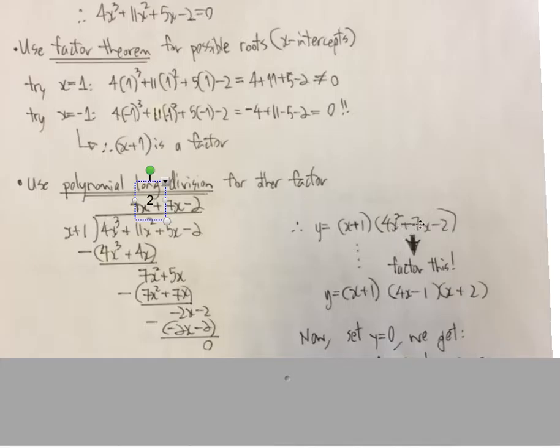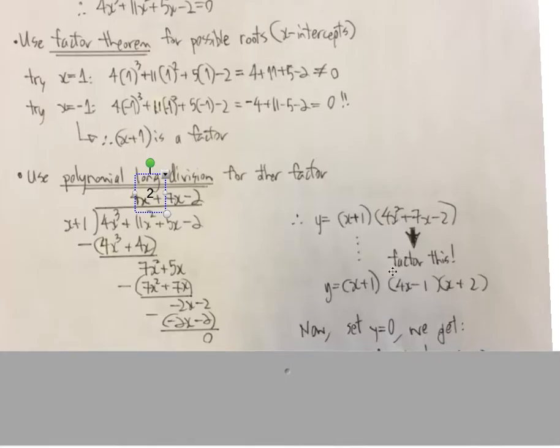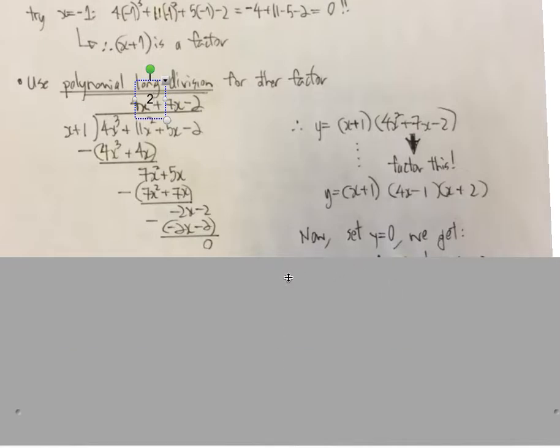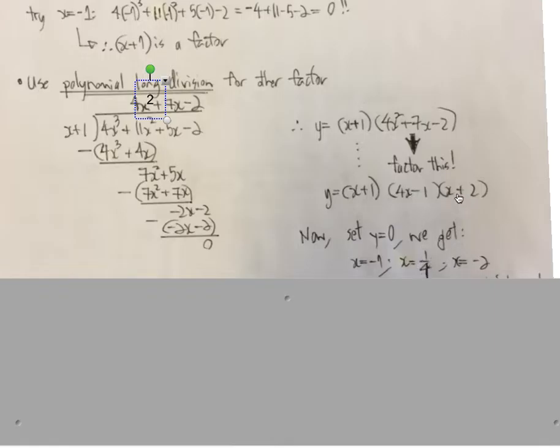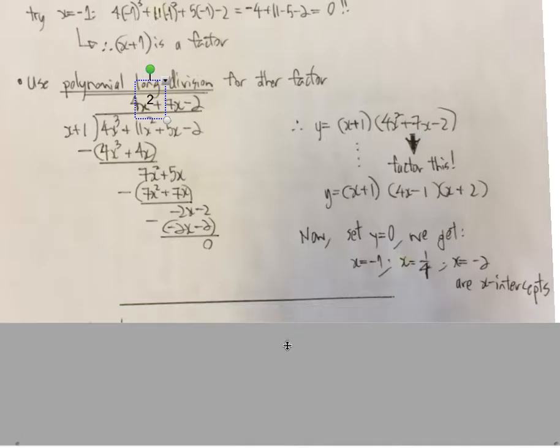But then we have to factor this, and again, I have a video that's a subset of the polynomial long division video. It's all included and shows you how to handle factoring a quadratic. So please look at that video should you need to. And then we set y equals 0, and we get x equals -1, x equals 1/4, and then x equals -2. So those are our x-intercepts.